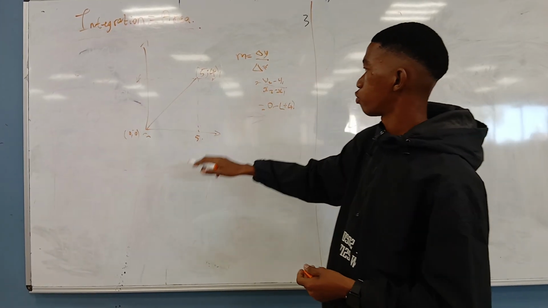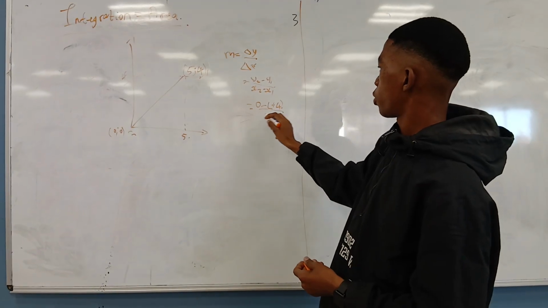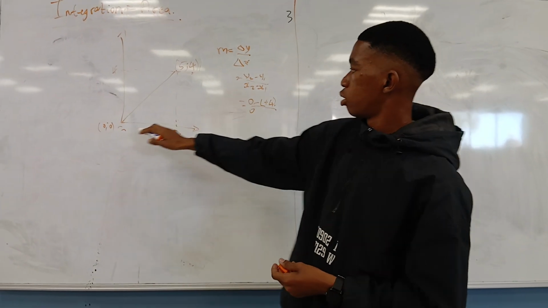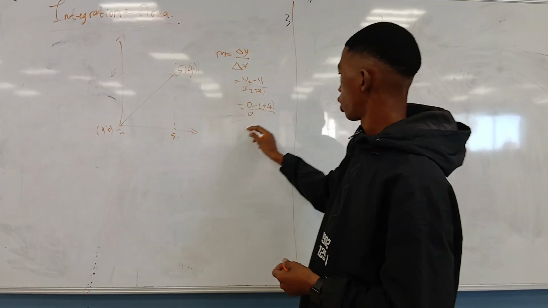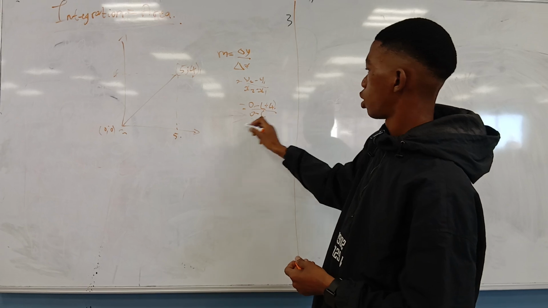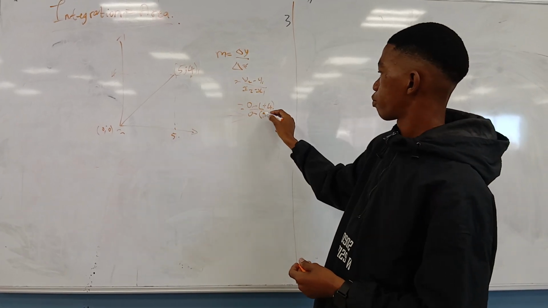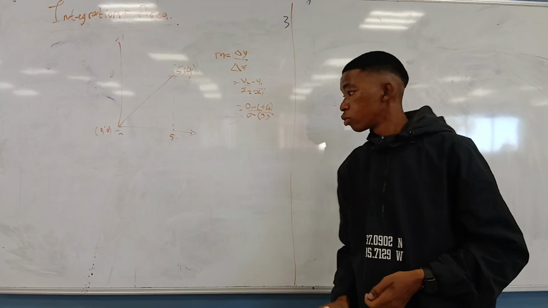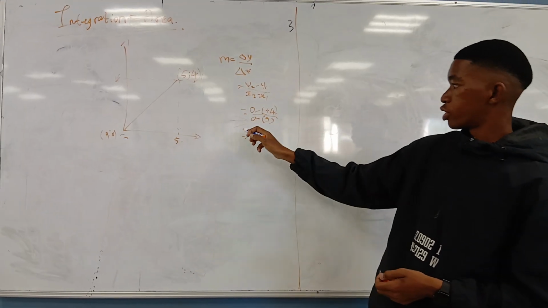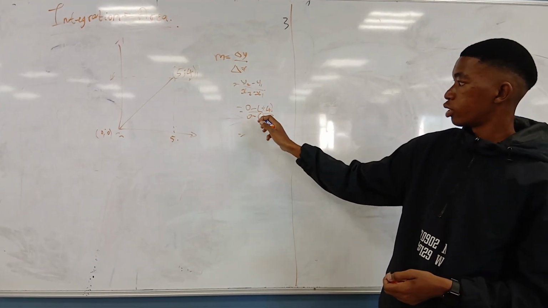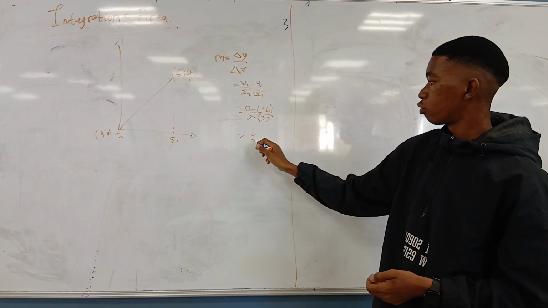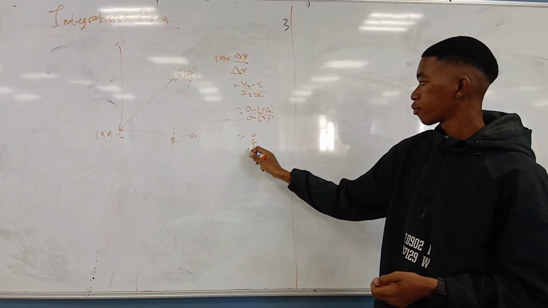Our y1 is positive 4. Then divided by 0 being our x2, and then minus our x1 being 5. Now, this will simply tell us that the gradient will be equivalent to 4 all over 5.